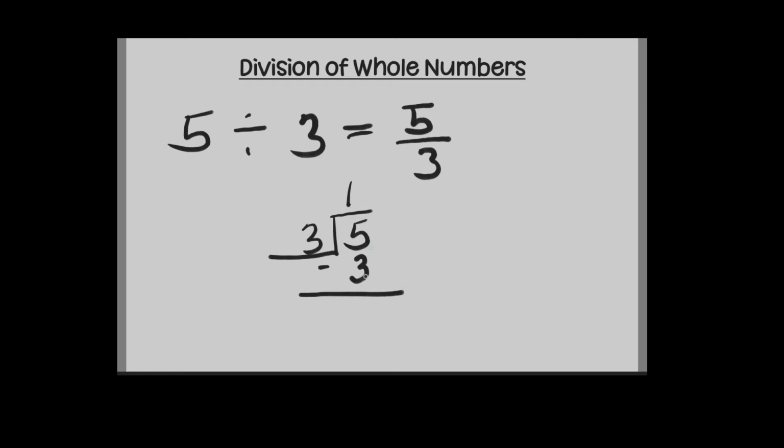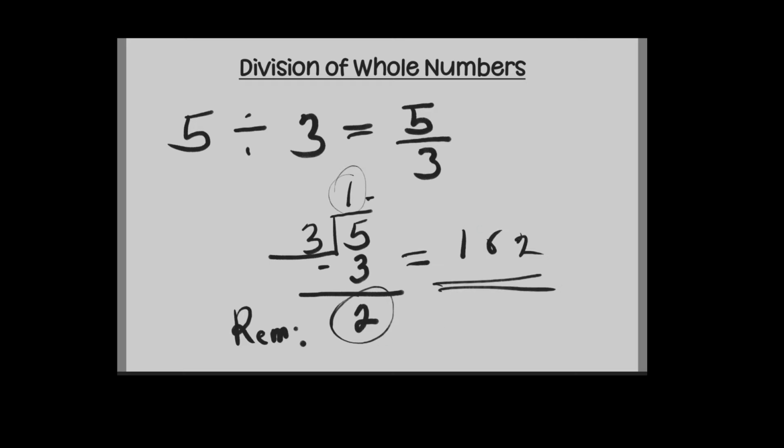So 5 minus 3 is 2. So the way you write that, this is your remainder. So your remainder is going to be here, and this is your main number. So your answer is going to be 1, this 1, remainder 2, this 2 right here. Okay. So that's another way you can do division.